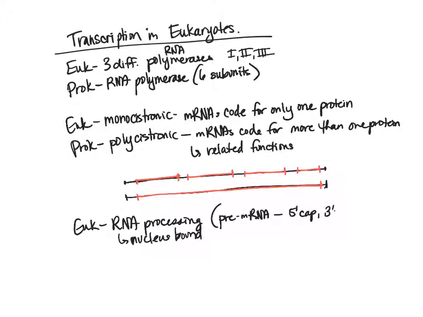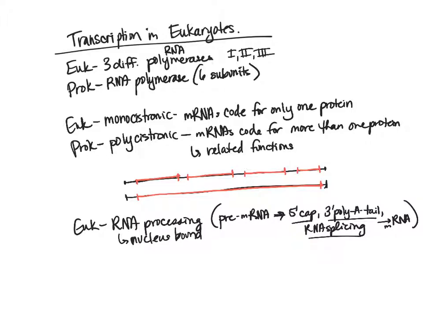We have to add that 3' poly-A tail. And then we also have RNA splicing. And then we have our finished mRNA. So we have a pre-mRNA, it then gets a 5' cap added to it, a 3' poly-A tail, goes through RNA splicing, where we cut it into pieces. We have the exons and the introns, and we're going to glue those exons back together. And then we have our finished mRNA. That finished mRNA is then going to leave the nucleus through a nuclear pore and go out into the cytoplasm.